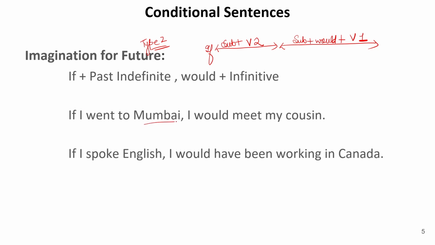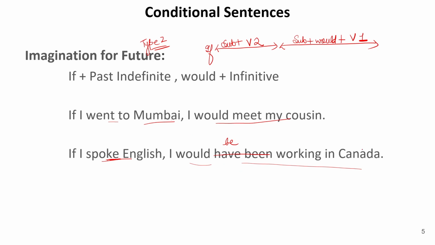If I went to Mumbai, I would meet my cousin. So this is simple. If I went to Mumbai, this is past indefinite, I would meet my cousin. If I spoke English, I would have been working in Canada. Now, if I spoke English, it means if I knew how to speak in English, I would be working in Canada, because here we require would followed by first form of verb.